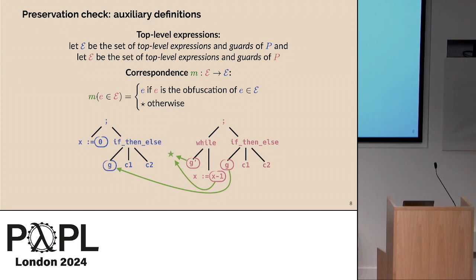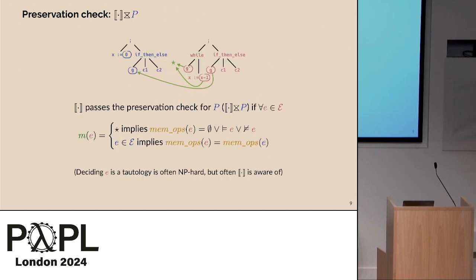And G prime the same. Of course, we don't actually use syntactic equality. I mean, this is a case, but we don't require syntactic equality because this is more at the semantic level, and it depends a lot on the obfuscation. That's where the magic happens, and we will probably require this M to be generated by the obfuscation, but we don't know yet.